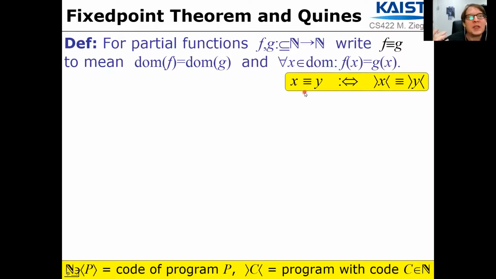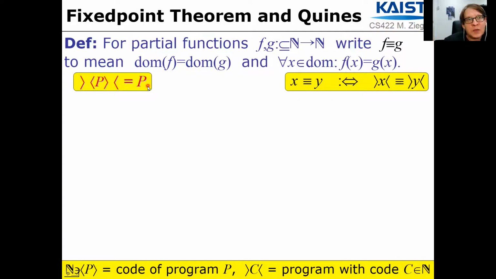And so now we introduce this equivalence relation on natural numbers based on the equivalence relation between programs, or rather between the functions computed by these programs. So this is maybe a new relation on natural numbers from computability theory.